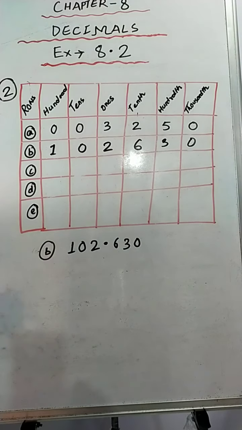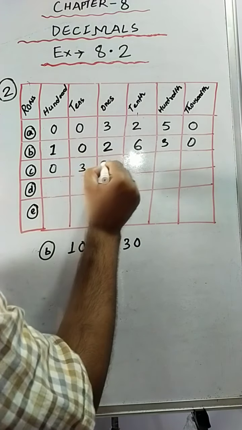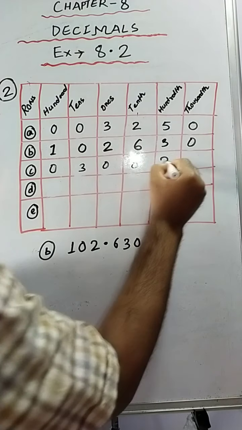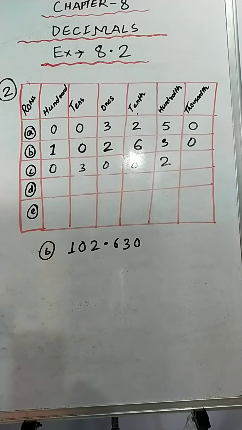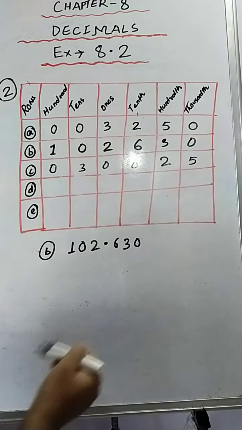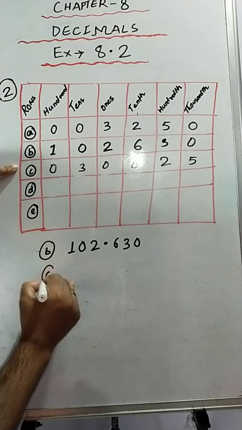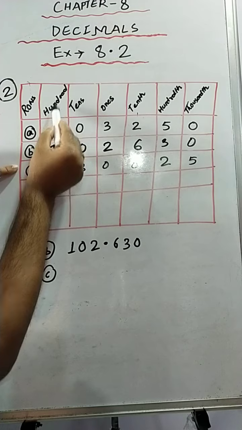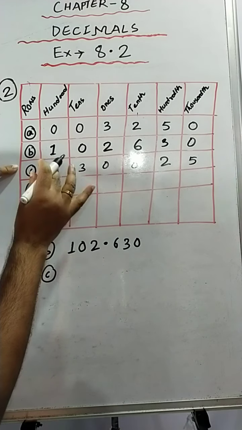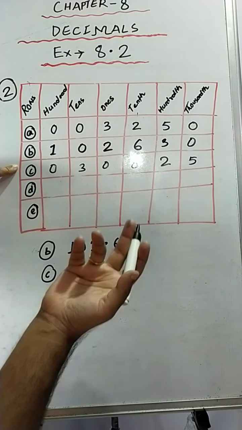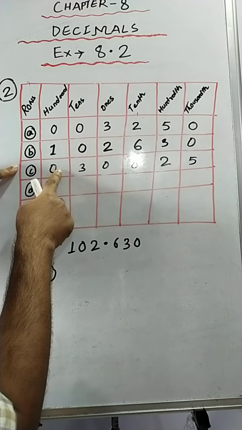Now number C, 0300 20025 is there. Let's write the decimal form of number C. We have 0 hundreds, so it's not required to write it because this 0 has no value.